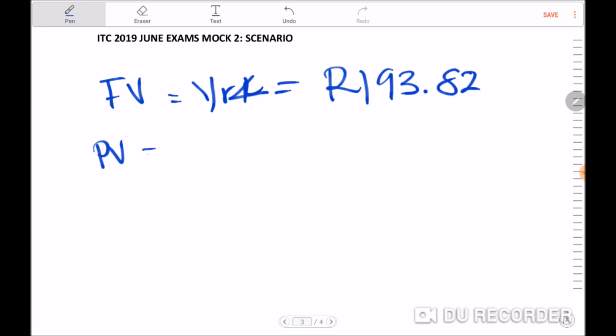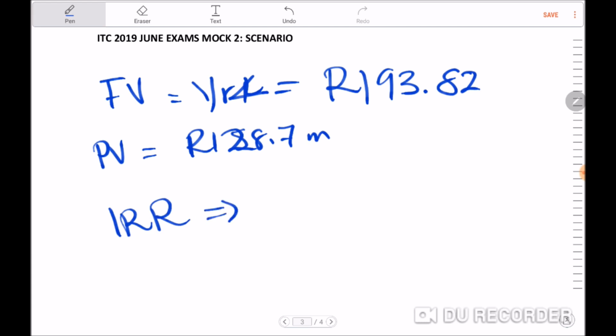I've calculated the present value, which is 128.7 million rand, and I've calculated my interest payments. From there, I'm now able to calculate my IRR. How do I calculate my IRR?